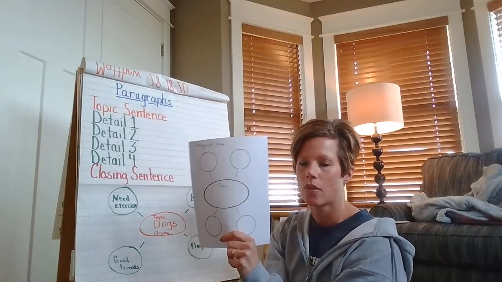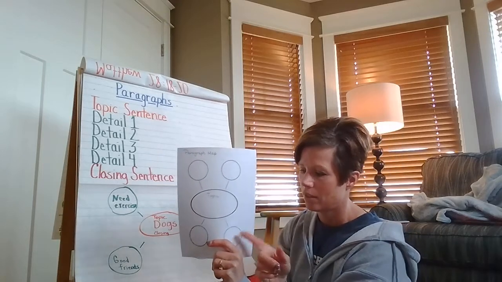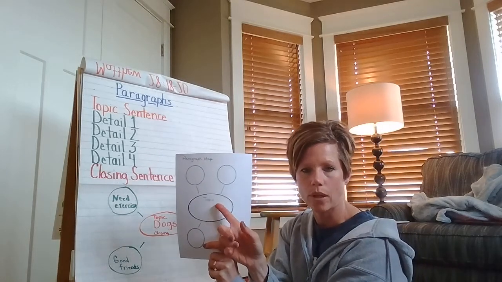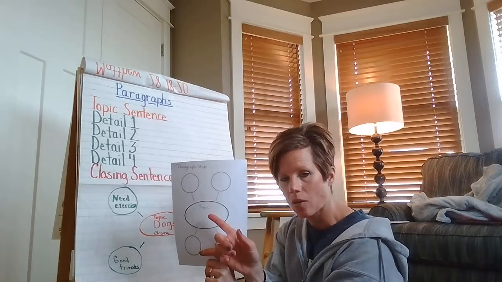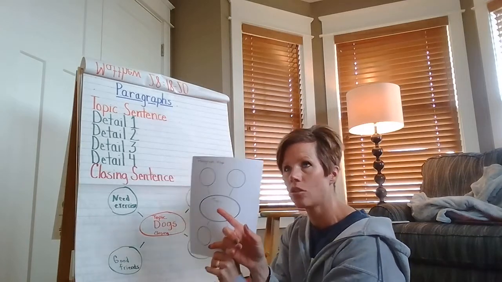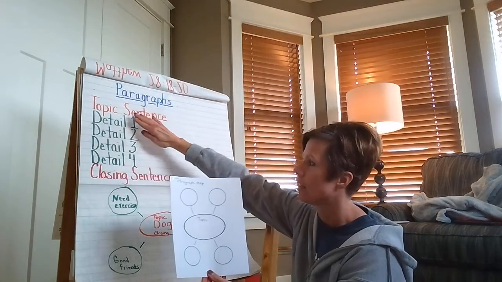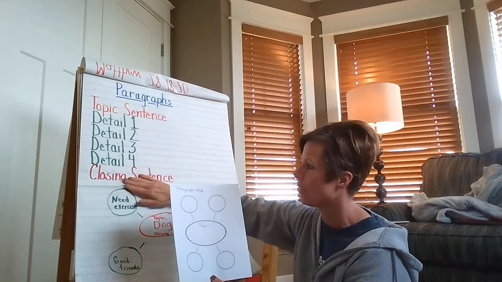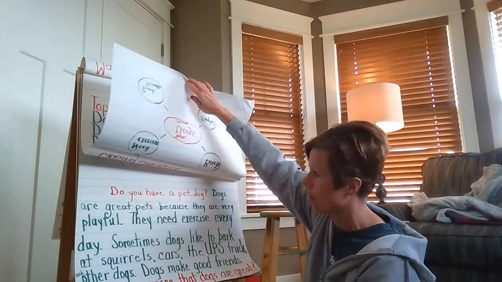I want you to think of 4 details that point right back to the topic. Then I would like you to try to write your topic sentence, your 4 details, and your closing sentence just like I did with dogs, okay?